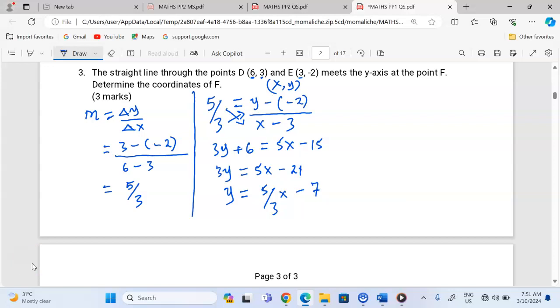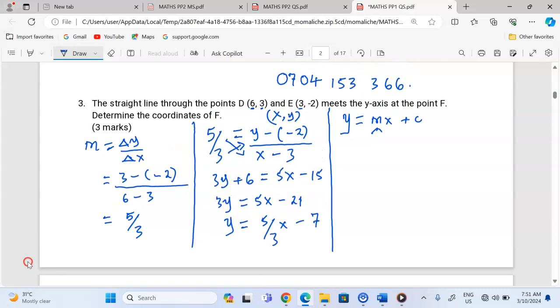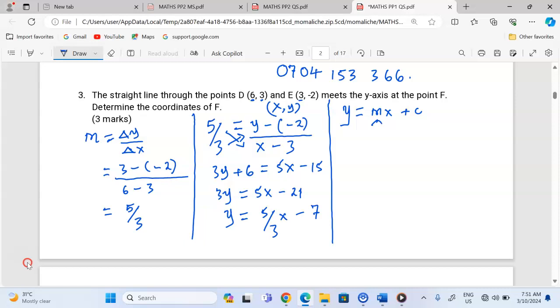Now our equation is in the form y equals mx plus c. And you know that when the equation is in this format, we have already two constants. The first constant is m, which is our gradient, and it's already here.